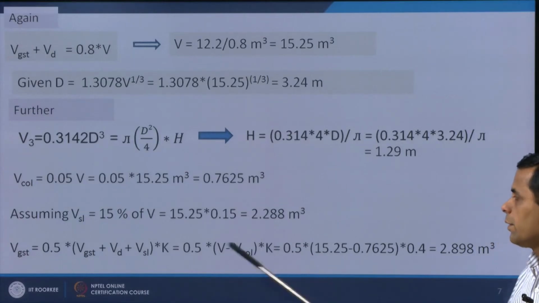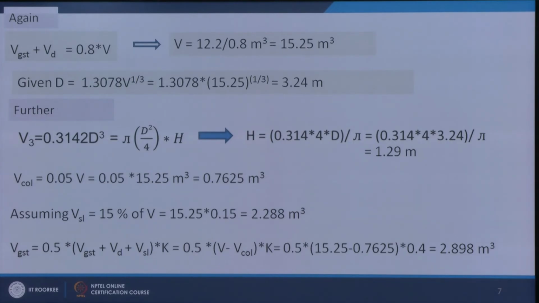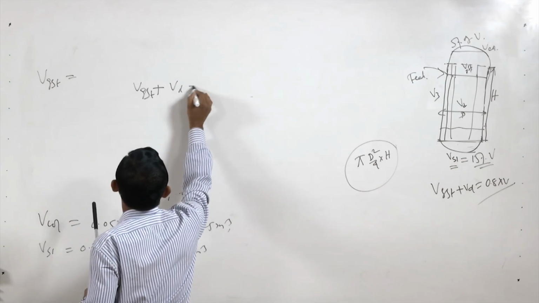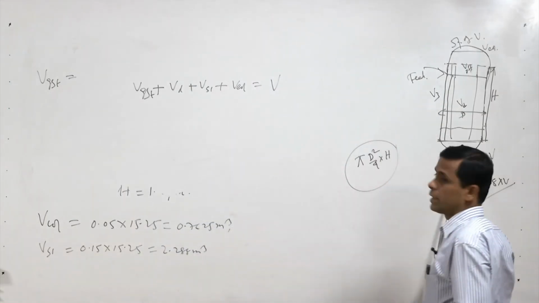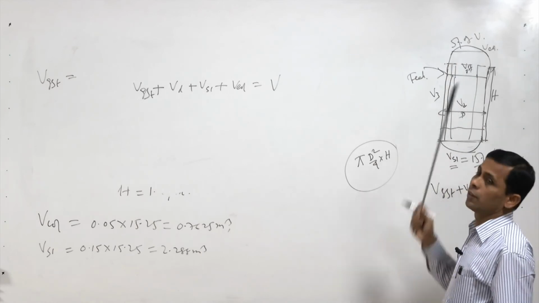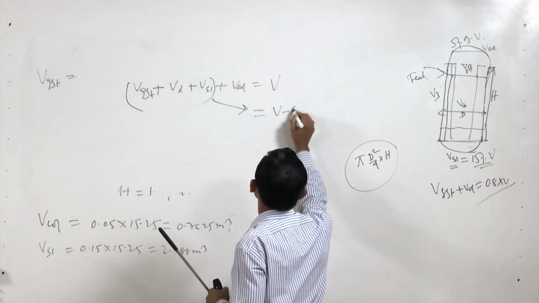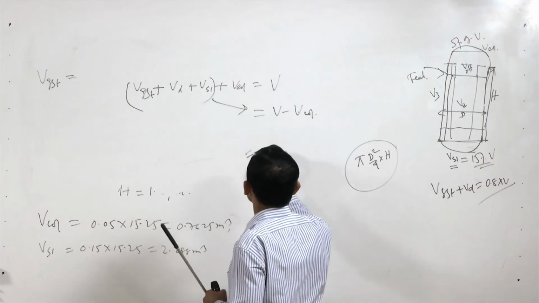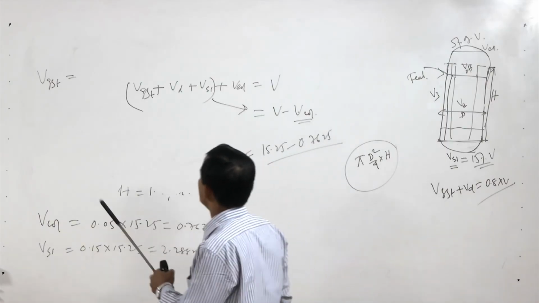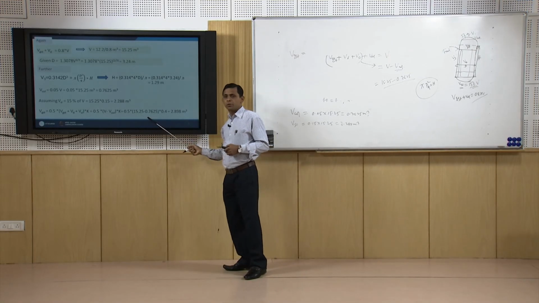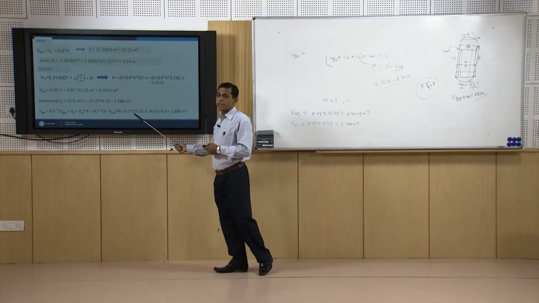The total volume is equal to VSL plus VD plus VGST plus VCOL, so VGST plus VD plus V sludge is equal to V minus V collection, that is 15.25 minus 0.7625. Multiplying by 0.5 into 0.4 gives 2.898 meter cube. So that is VGST.